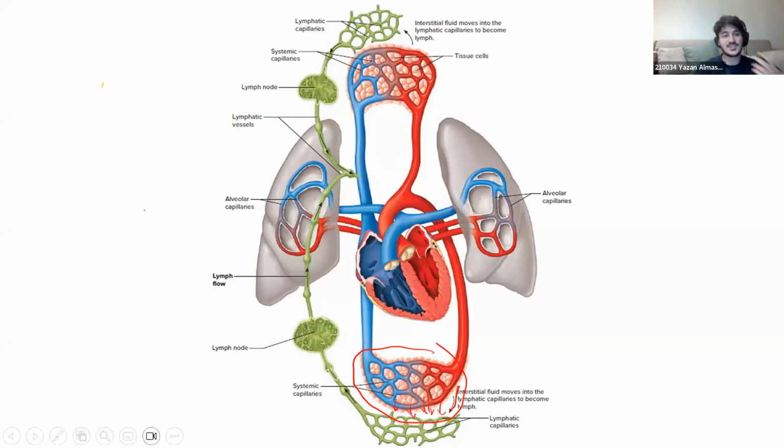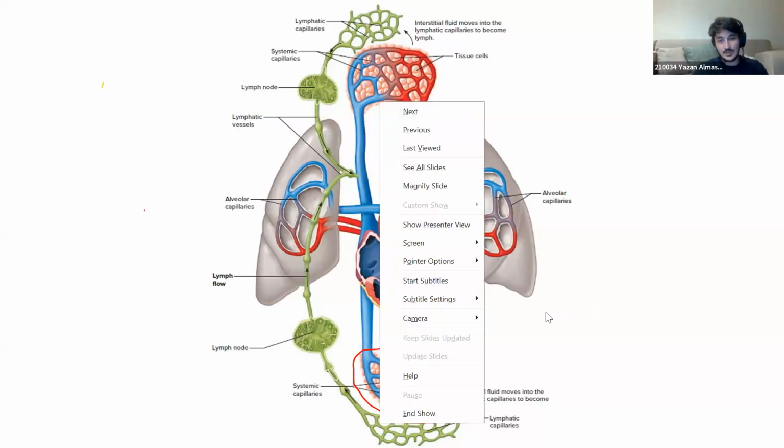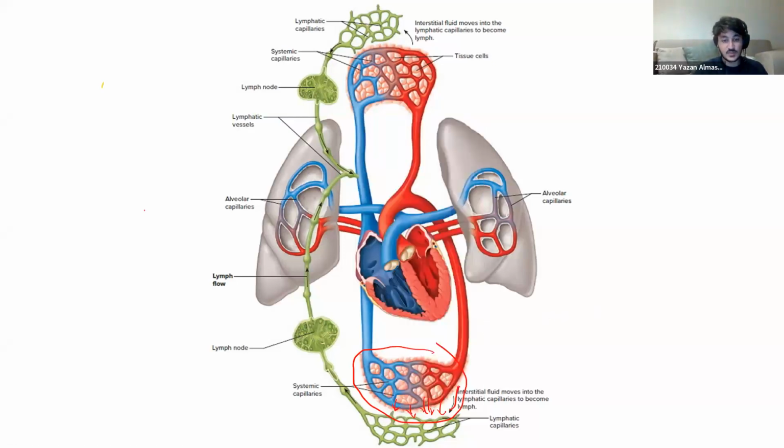Obviously, we can't just leave that fluid there. The body, subhanAllah, everything is created to be perfect. It's a perfect system. So this is where the lymphatic system will come. It will collect all that fluid that's been leaking out from the capillaries, take it, and test it. The lymph node is like a testing area. It tests for pathogens, foreign bodies, anything abnormal.